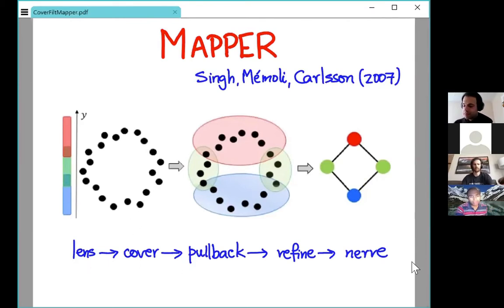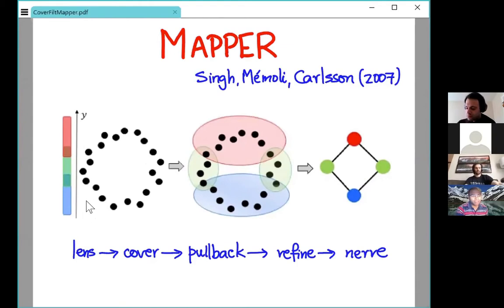And that is the big deal here. The pipeline goes like this. You choose one or more of the dimensions or the functions on the points as lenses. For instance, here I have a point set from 2D, which looks roughly like being sampled from a circle with some noise.